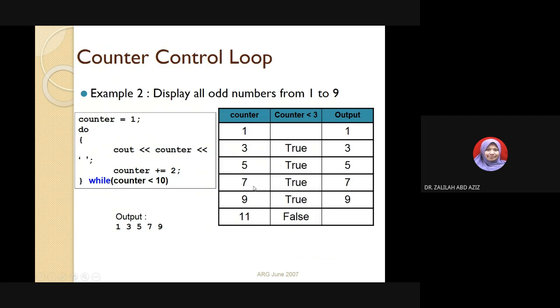Okay, now 5 plus 2, dia akan iterate lah sampai this loop meets 11. Kalau 11 not less than 10, so false, dia akan lompat keluar lah. So the result will be 1, 3, 5, 7 and 9. Okay, nanti saya akan betulkan ini, don't worry, I will give you a correct one.